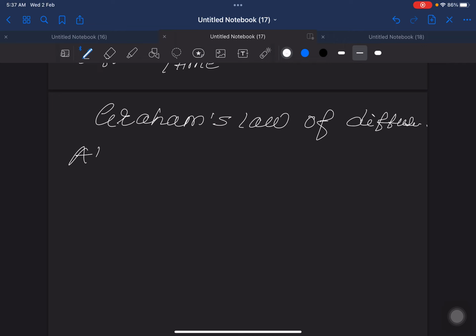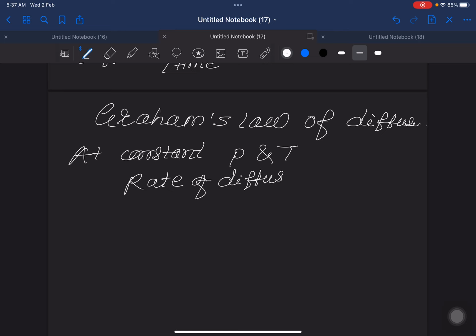At constant pressure and temperature, the rate of diffusion or effusion of a gas is inversely proportional to the square root of its density.